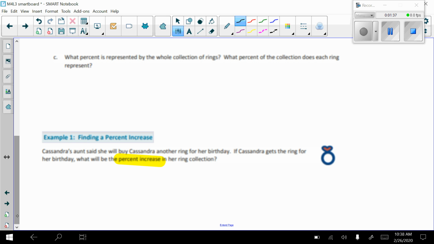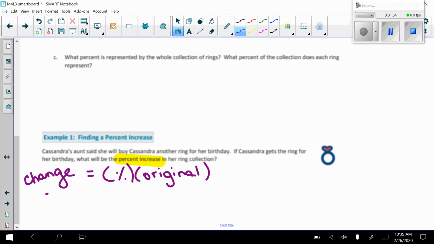So we know that Cassandra is going to get a new ring. Means the change equals percent of original. She's getting a new ring. So that means it's changing by 1 ring.